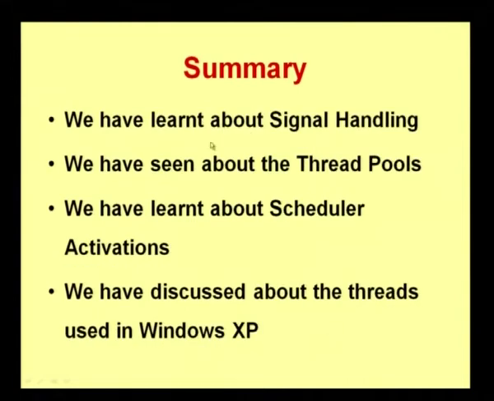We have also seen signal handling and thread pools. We have also learnt how to activate a scheduler, and we have discussed the threads used in Windows XP. Now let us see the possible questions that can arise from this session.